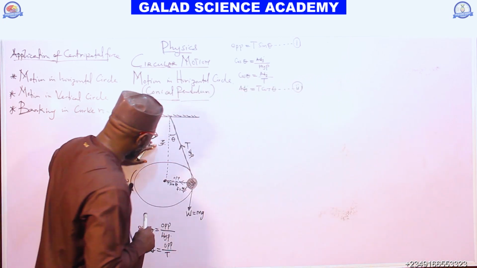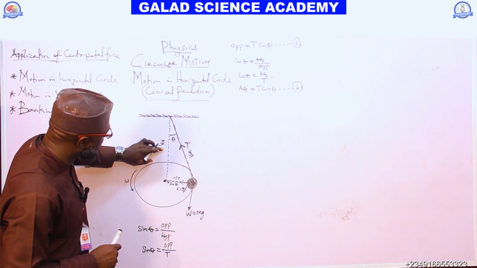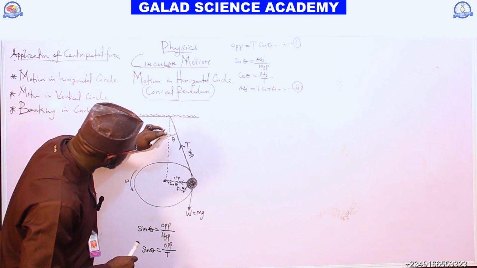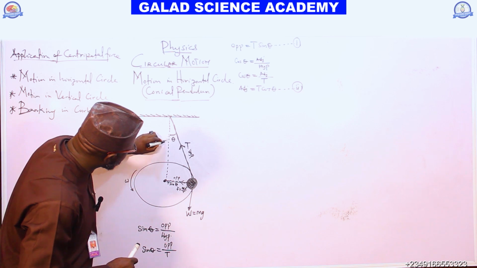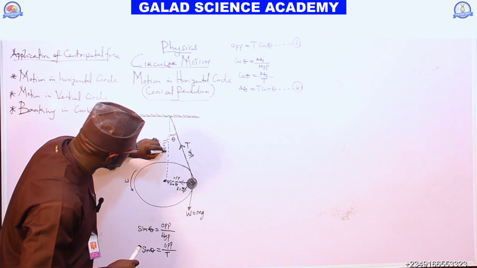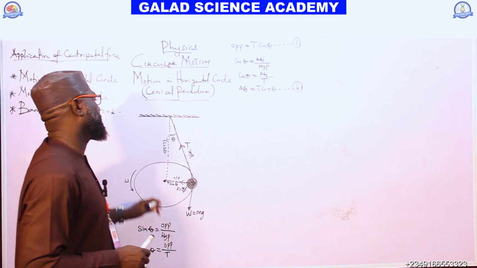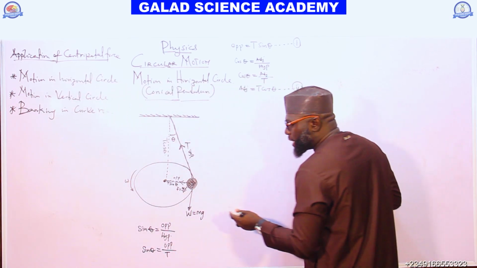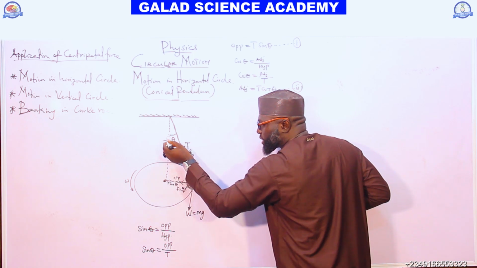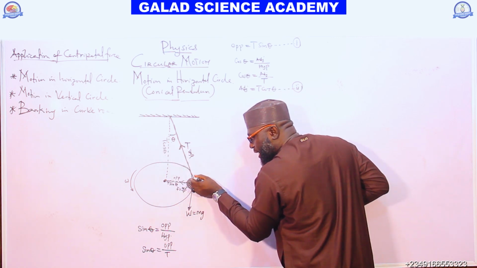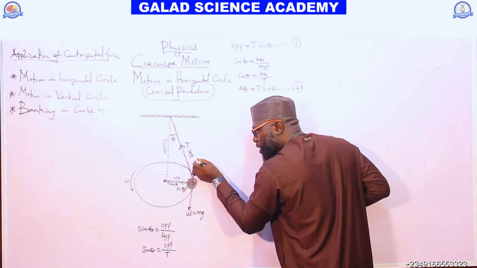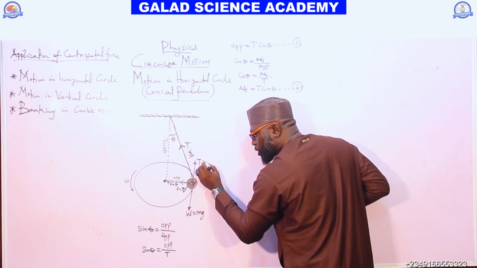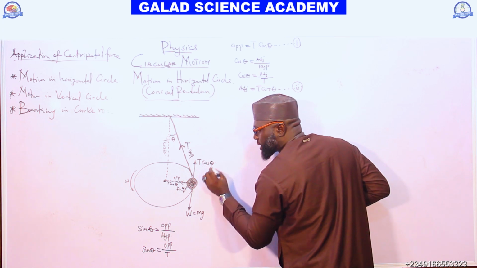So for this side, we have T cos theta, which is our adjacent. This place is T cos theta, and it is parallel with the force we have here. It's also T cos theta on this side.